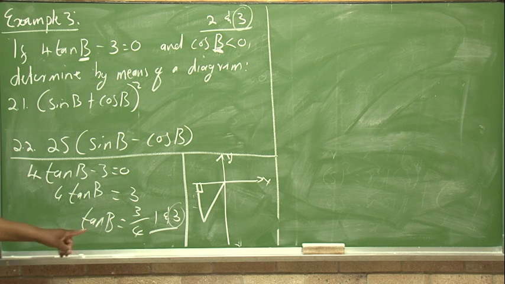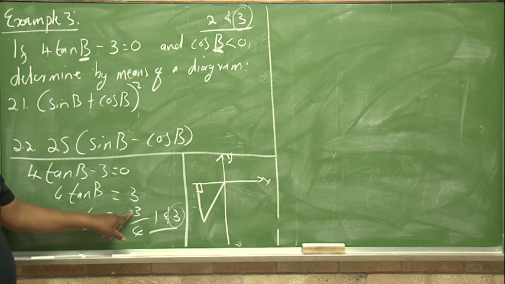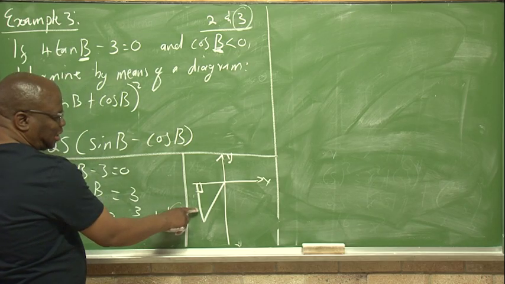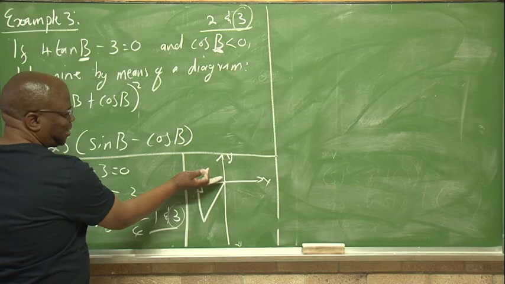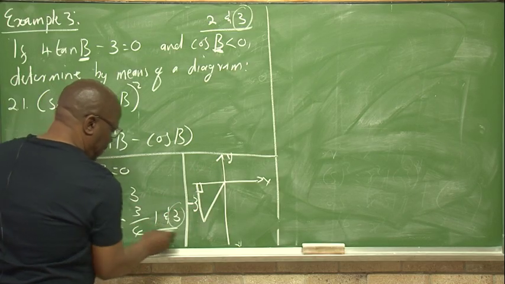According to tangent, tangent is defined as opposite over adjacent. Tangent is 3 over 4, opposite over adjacent. The opposite side here should be negative 3, because from the x-axis downwards, y should be negative. So you write negative 3 here.